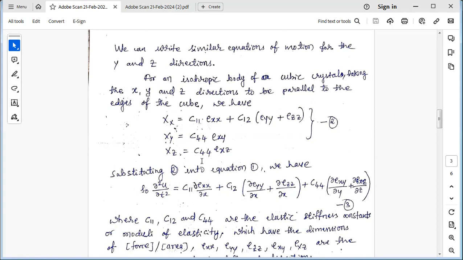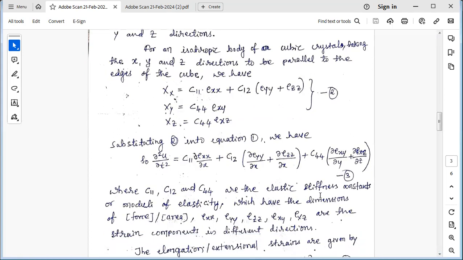In this equation, C11, C12, C44 are the elastic stiffness constants or moduli of elasticity. And what are Exx, Eyy, Ezz, Exy, Exz? They are the strain components in different directions.